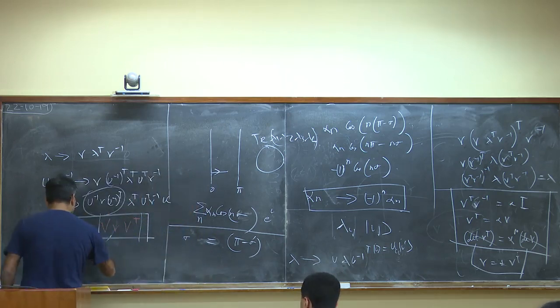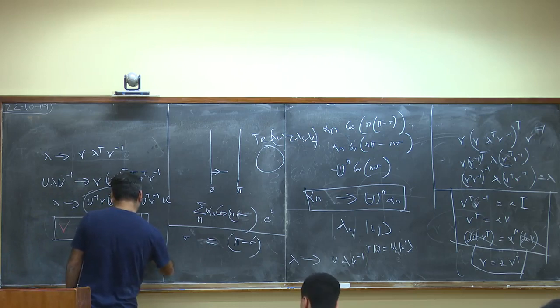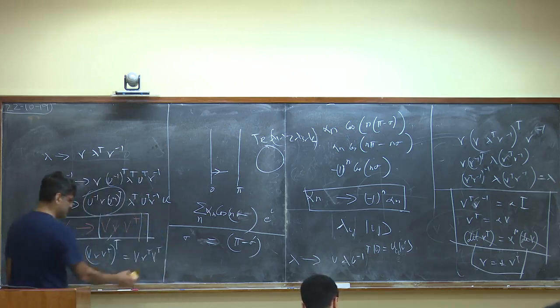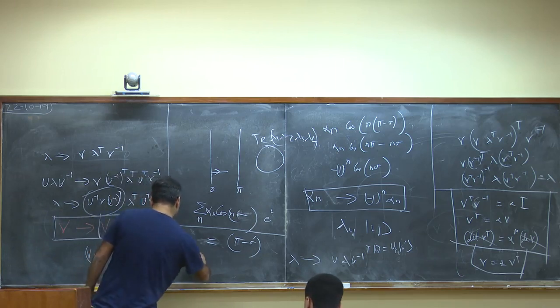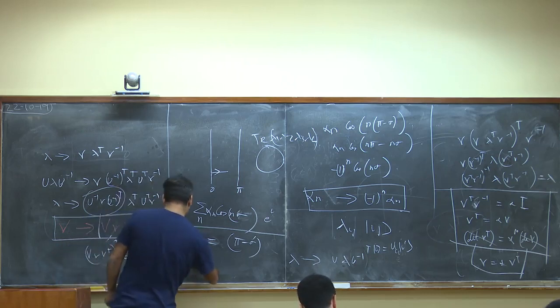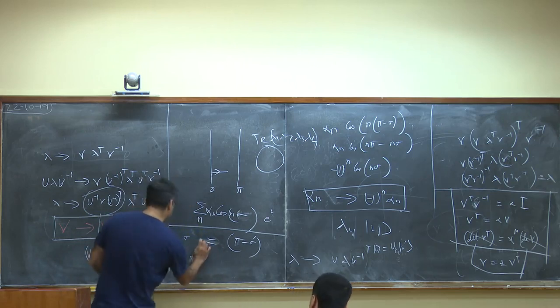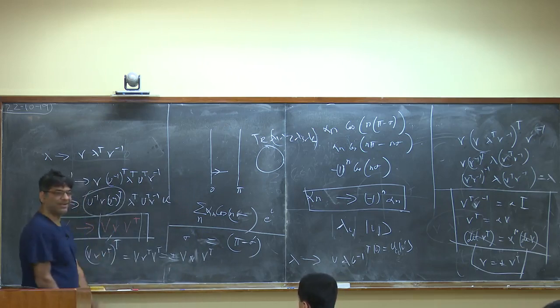Because we take V gamma V transpose and take its transpose, that will be equal to V gamma transpose V transpose, which was equal to V plus minus, we can take the plus minus out, that's the point, plus minus V gamma V transpose, which was the original quantity.